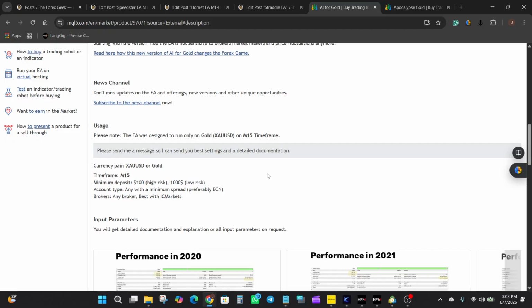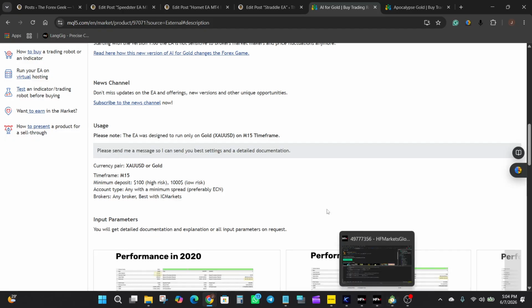It also suggests using ECN style accounts with low spreads for better execution conditions. Now, before moving into the backtesting section, the key takeaway is that this EA is designed around selective trade execution on gold, where it tries to filter out weaker market conditions and focus only on higher confidence setups.